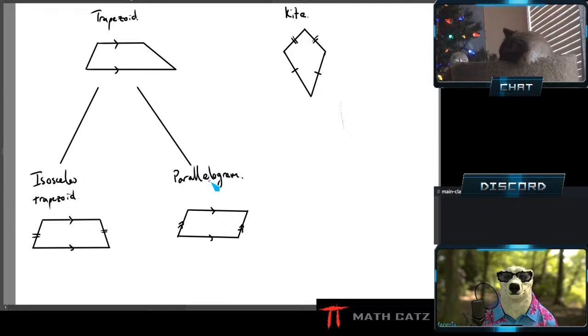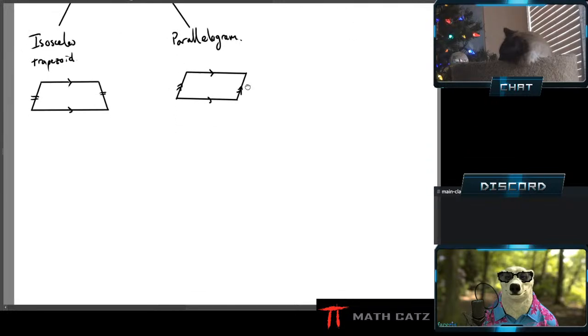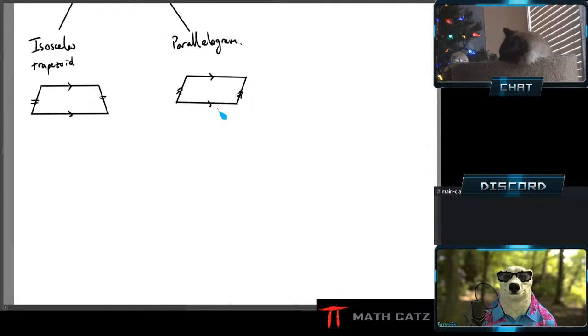All right, so a parallelogram is a special kind of trapezoid because it requires both pairs of opposite sides to be parallel. Then I can go further with my parallelogram and require a little bit more structure there.